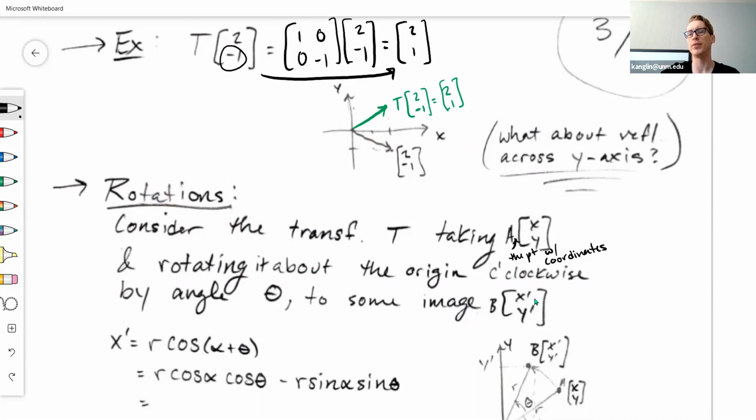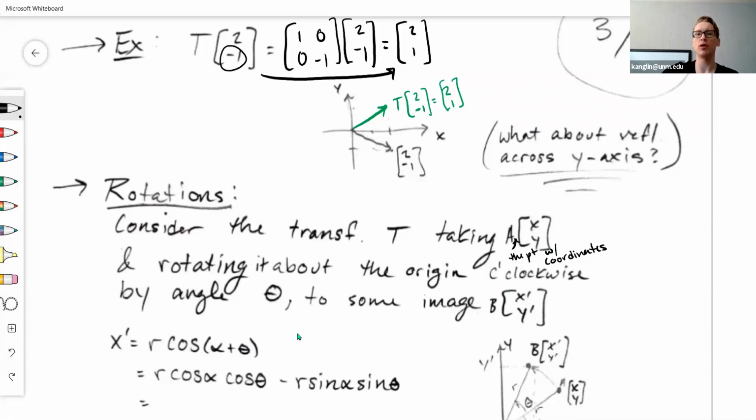These are the output x and y values. That's fairly common with transformations to put these little tick marks on the output coordinates to specify that those are what came out of the function. The ones without the tick marks went into the function. So x prime, y prime here is the output image.